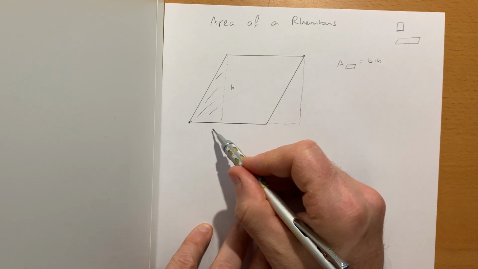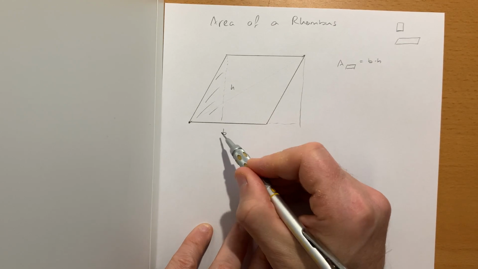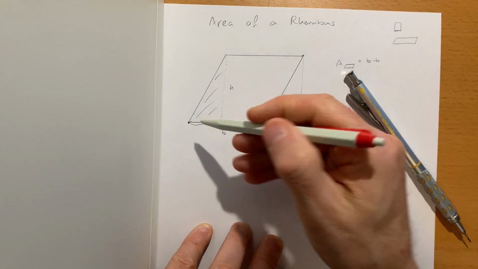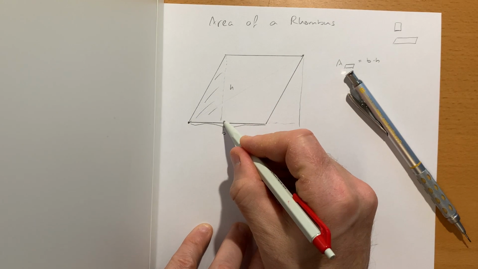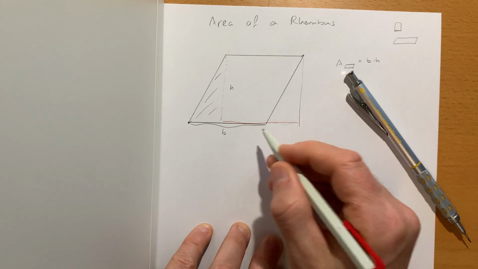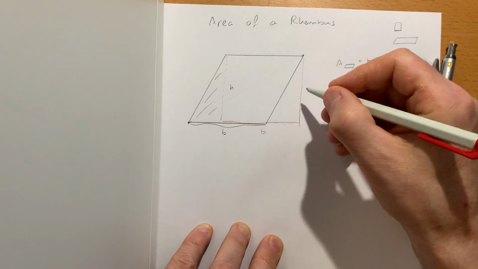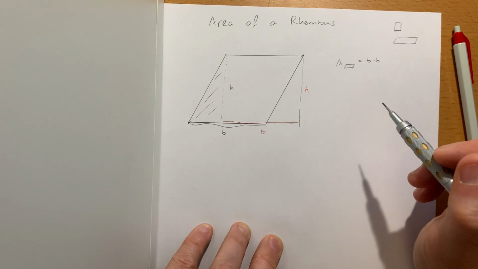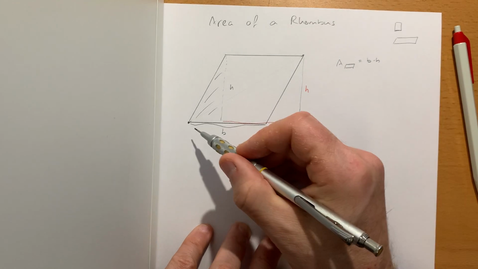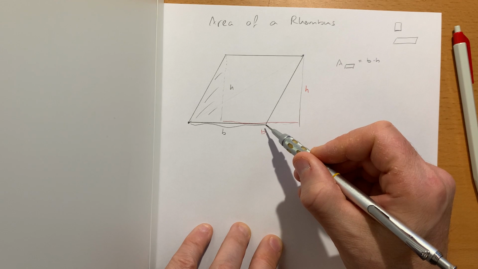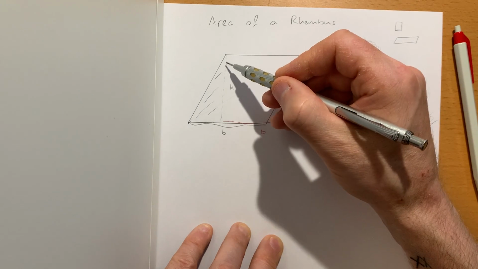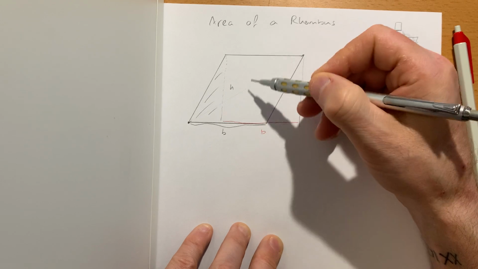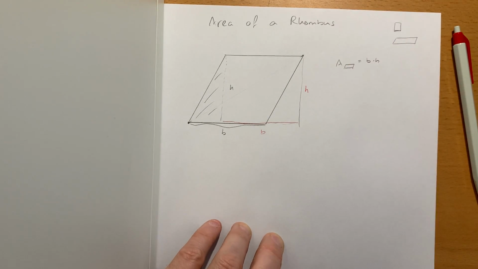And then it's just, this was the base. And now you cut this piece off and you put it over here. So now this is again the base and this is the height. That's the explanation for this formula, base times height. It's just one side length times the height, or the distance between two parallel sides, okay?